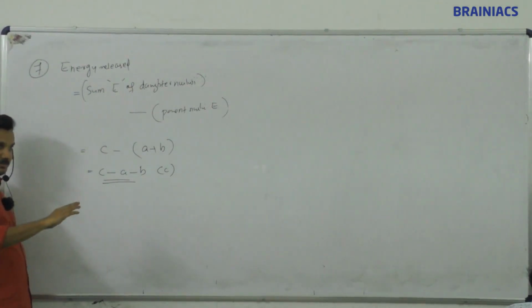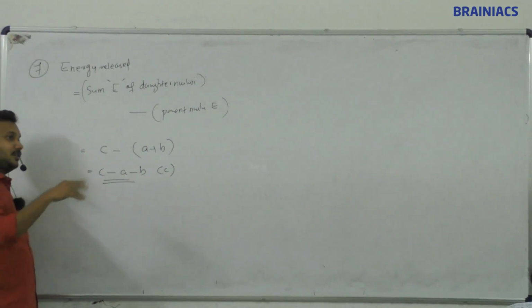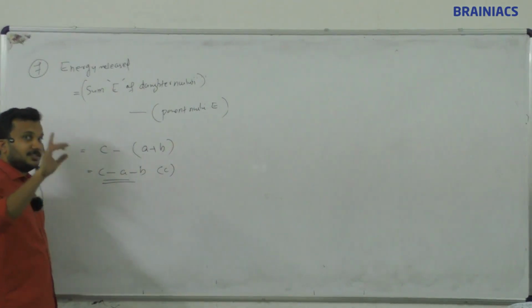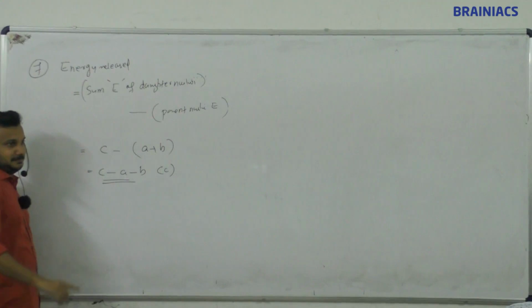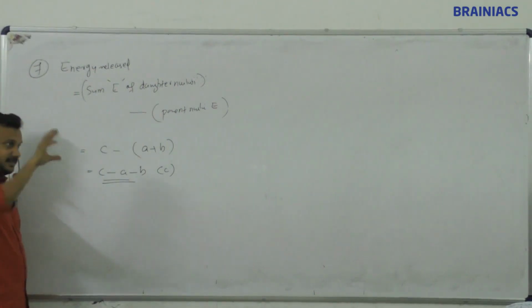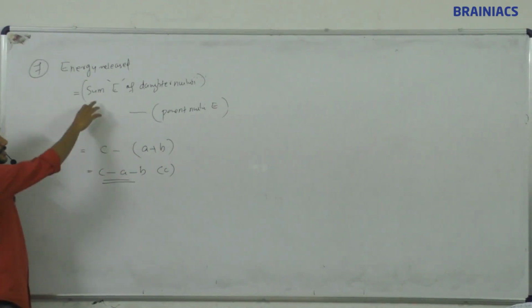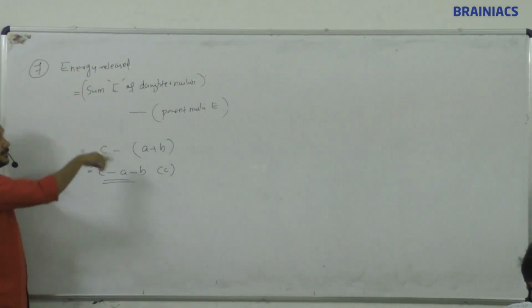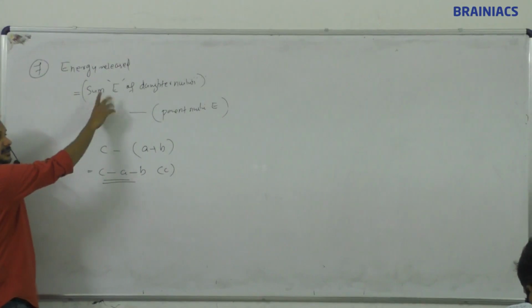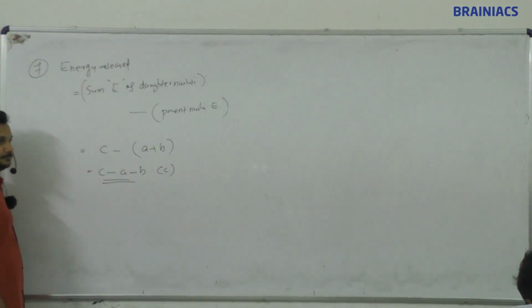In this nuclear fission process, the energy of the product, the daughter nuclei, is higher than the parent nuclei because it gains extra kinetic energy of P square by 2m.